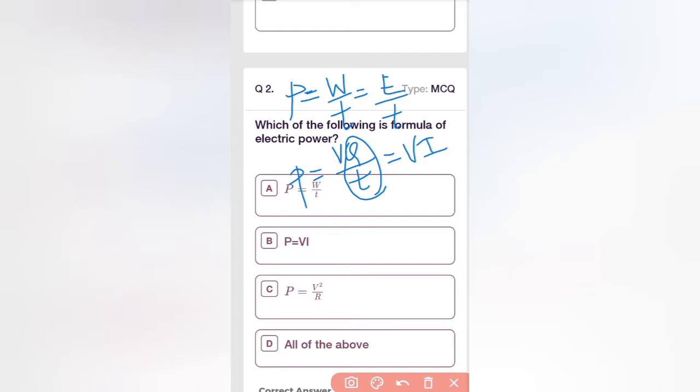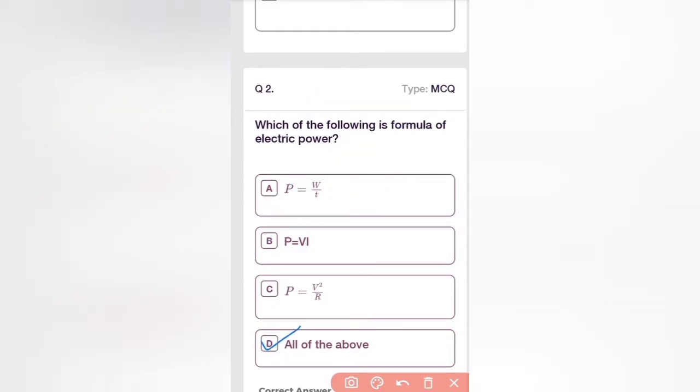And instead of I, if I write I is equal to V by R according to Ohm's law, I will get V square by R. So these are all the various expressions for power. P is equal to W by T, that's correct. P is equal to V into I, that's right. P is equal to V square by R, that's also right. So it must be all of the above.